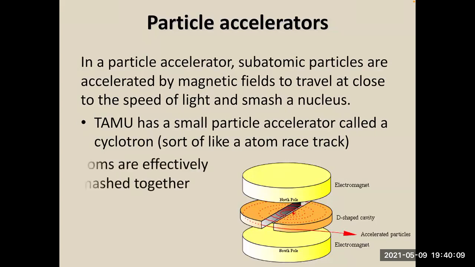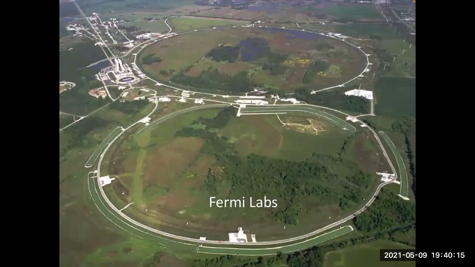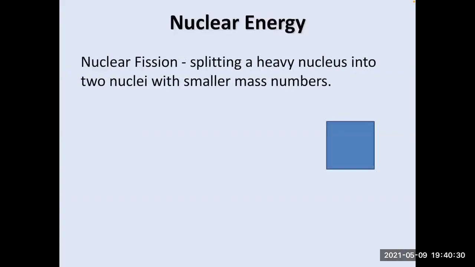Atoms are effectively just smashed together. So this is one of those particle accelerators. Those big circles are actually underground. They have roads above them, but there are underground tunnels where these particle accelerators are.